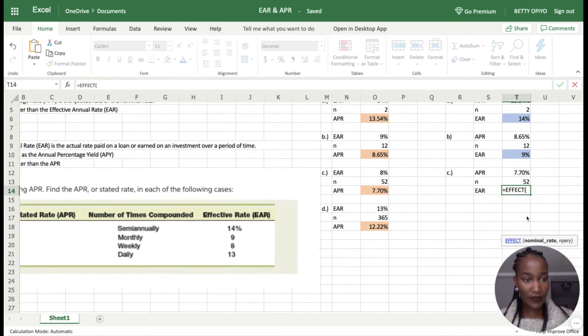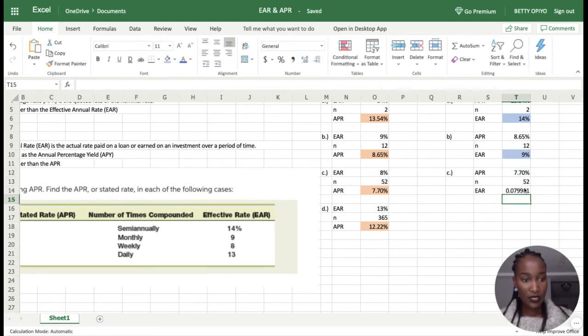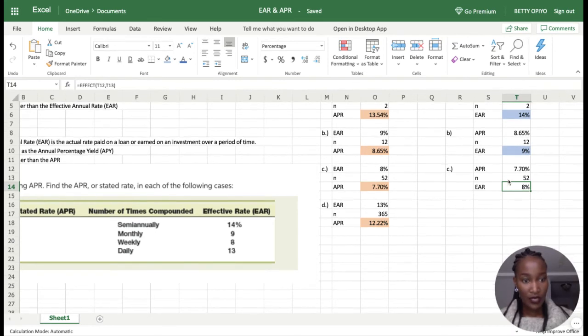Remember the comma, and then N is 52, and you get the answer 7.99. But if we change it to a whole number, it becomes 8.00, and then you can reduce the number of decimal places. As you can see, 8% is the same as what we were given before. So 8% is correct for our EAR.